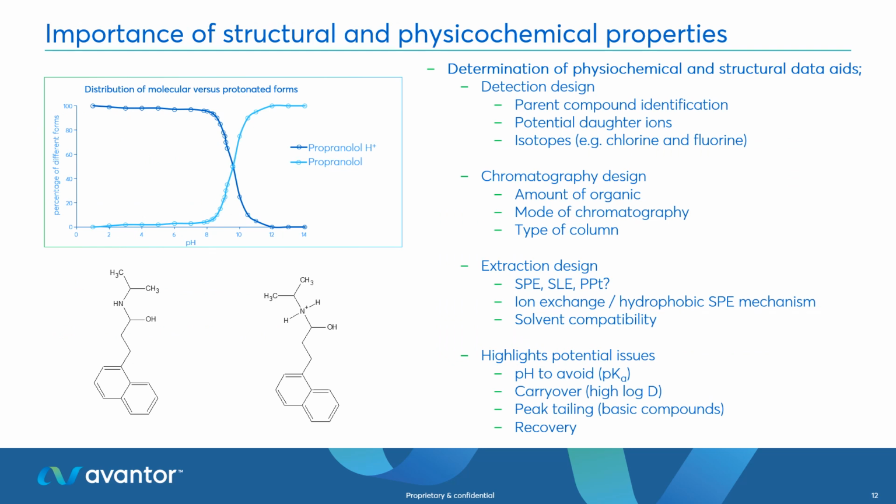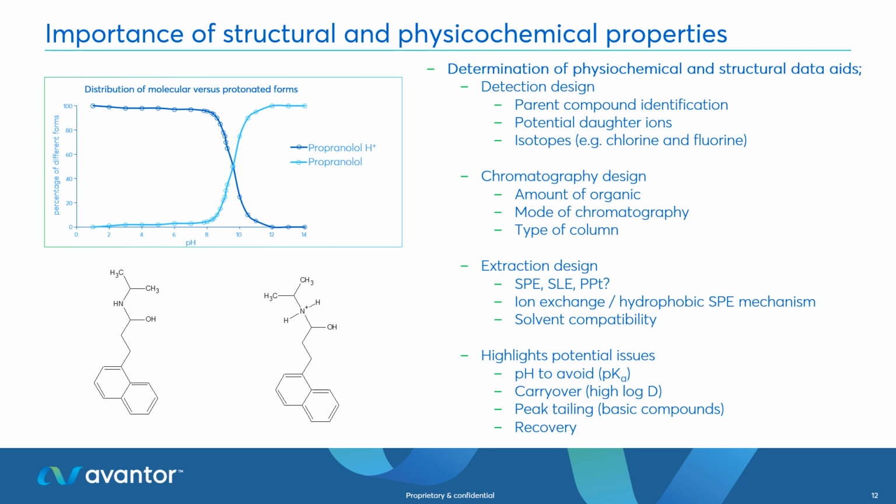In terms of the method development approach, one of the first things that should happen is to have a look at the structural and physicochemical properties of the molecule. So in this example, we've taken propranolol, a beta blocker developed by AstraZeneca/ICI.